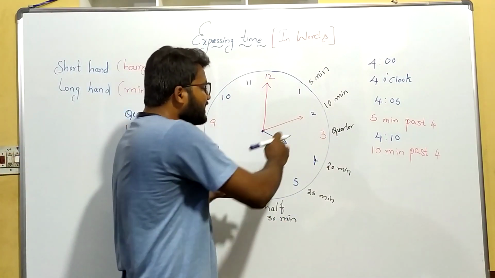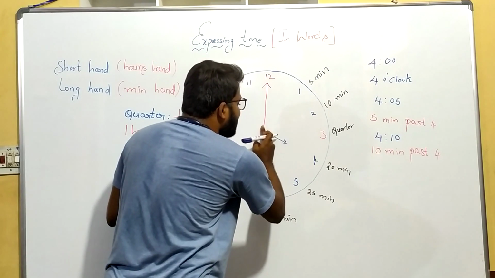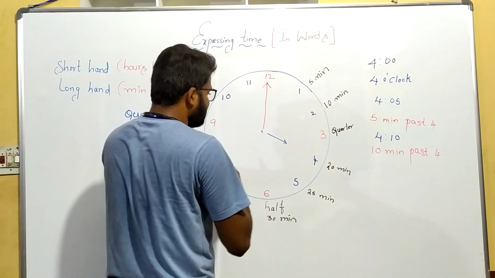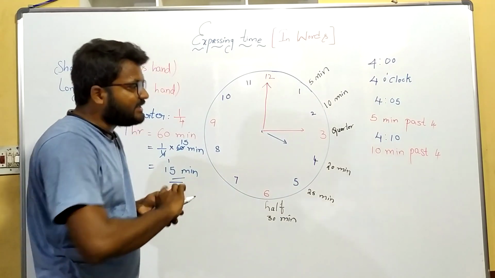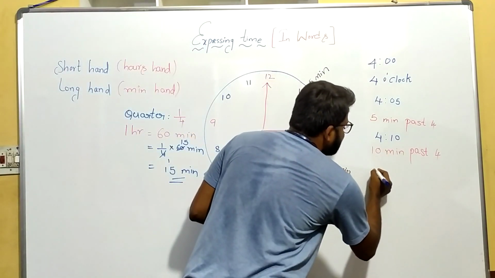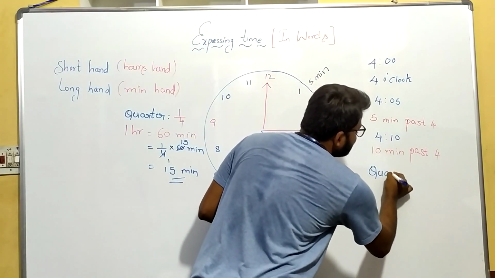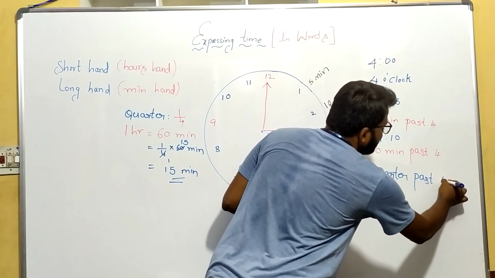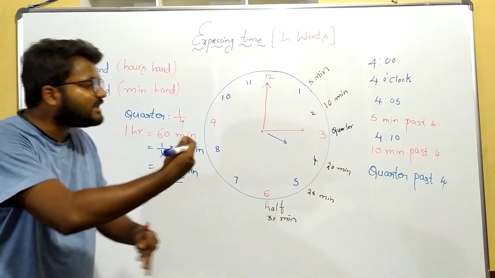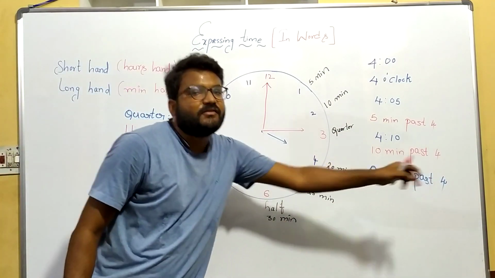So now if the long hand represents 3 here, we read that as quarter past 4.